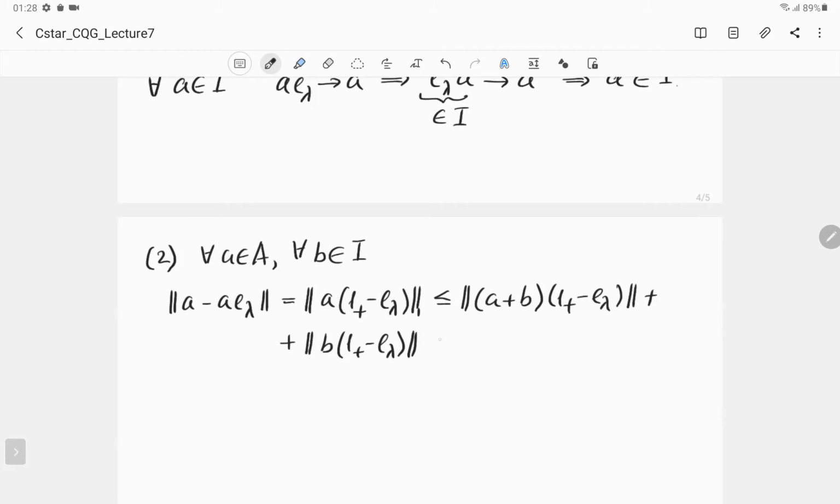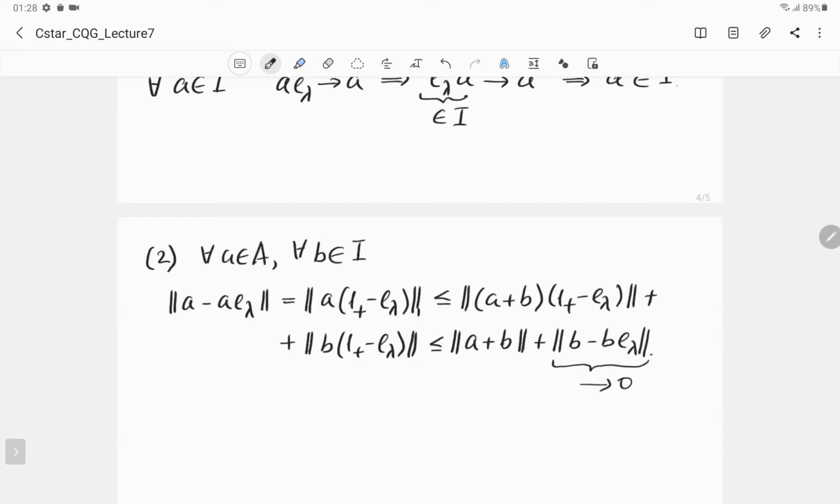Now the first summand is less than or equal to the norm of A plus B, because e_lambda is between 0 and the identity. And the second summand, we keep the same. So this is B minus B e_lambda. But now, since B is an element in our ideal, we see that this element goes to 0.